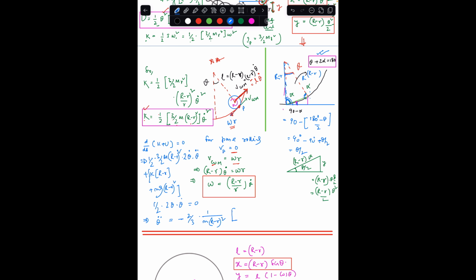Inside the bracket you are going to have mg into (R minus r) plus k into (R minus r). Right? Correct?